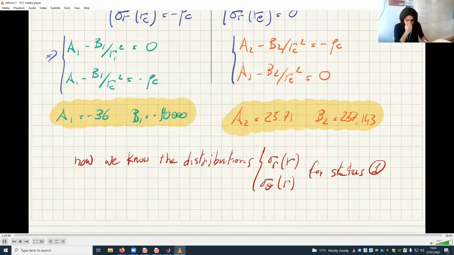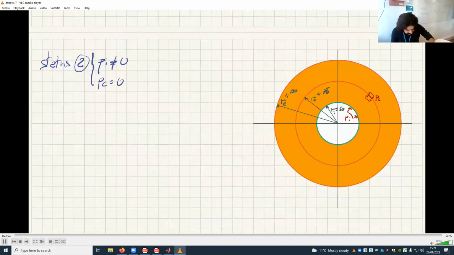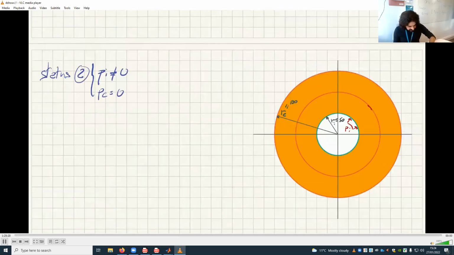All right, so let me do this now, and this is quite simple. Don't care about this, don't care about this. I don't care about the PC anymore. I only care about PI. PI was 100 megapascals.